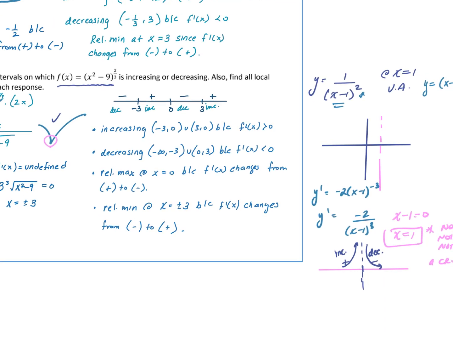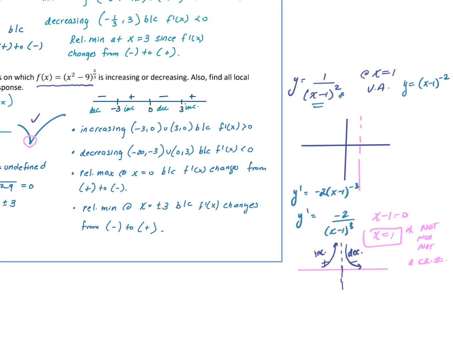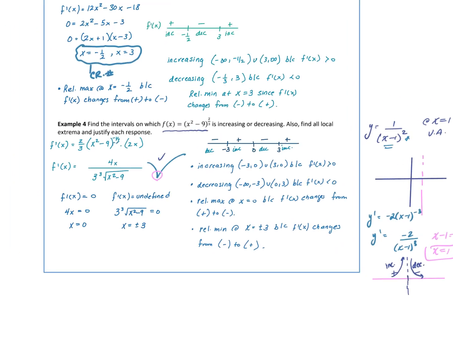Like this one here, it's not continuous at 1, so therefore it's not going to be differentiable at 1. It's not a critical number, but it's still important, because things change around 1. To the left of 1, it might be positive, to the right negative, and so forth. Okay, so coming back to this one.